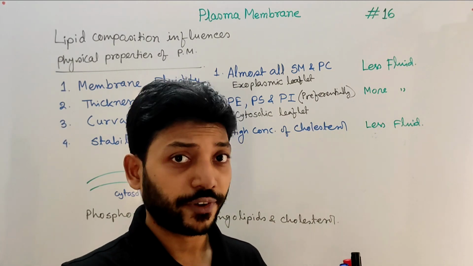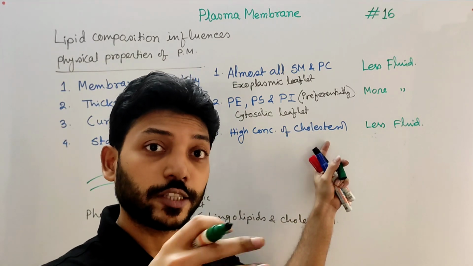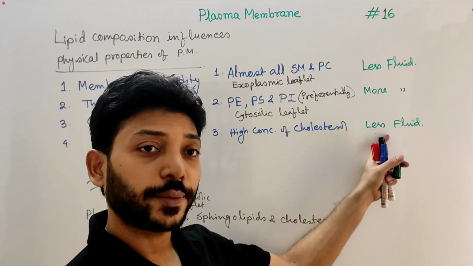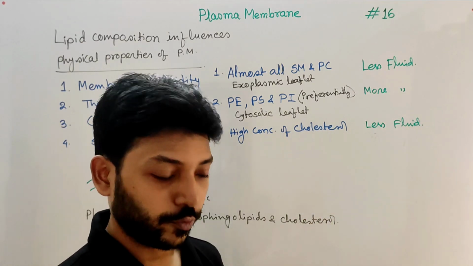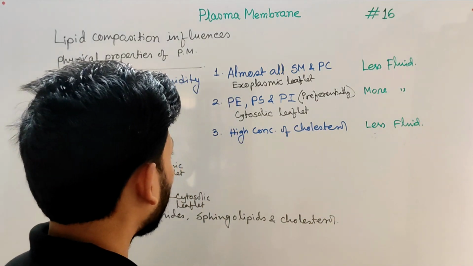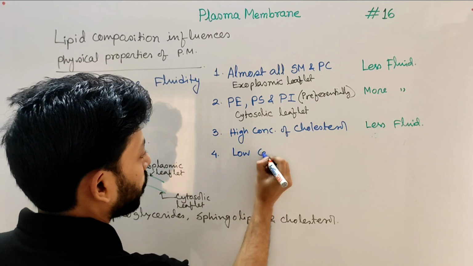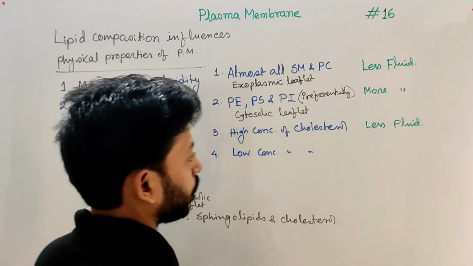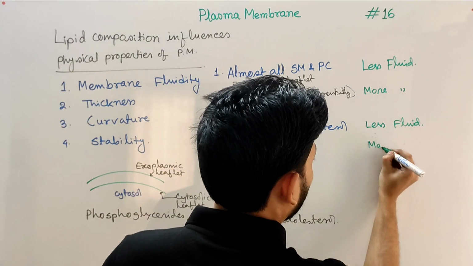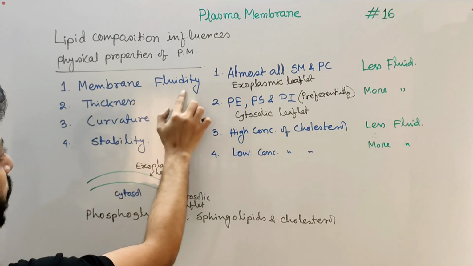Basically, they intercalate with the fatty acids and tend to immobilize these lipid molecules. So a high concentration of cholesterol makes the lipid bilayer less fluid in nature. By the way, the opposite will be true, that low concentration of cholesterol will make the membrane more fluid. So see how lipid compositions control the membrane fluidity.